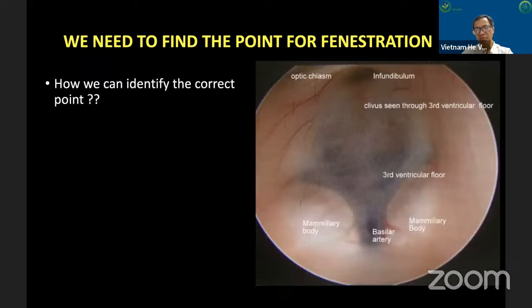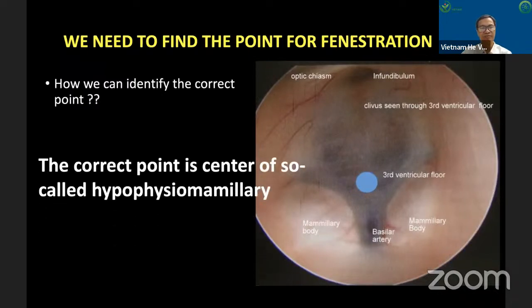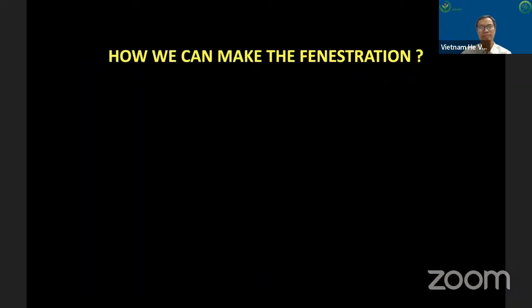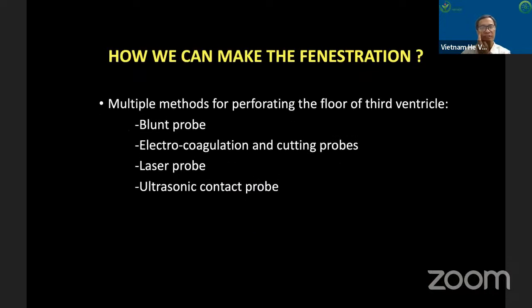And sometimes we can see the basilar artery. And we need to identify the point of fenestration, the correct point, which is the center of the so-called hypophysiomammillary line. How can we make the fenestration?